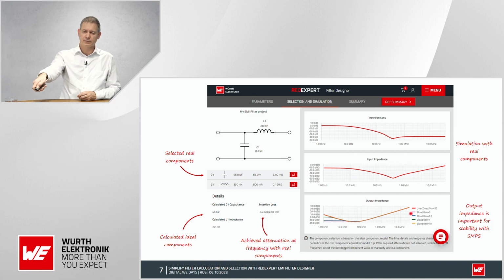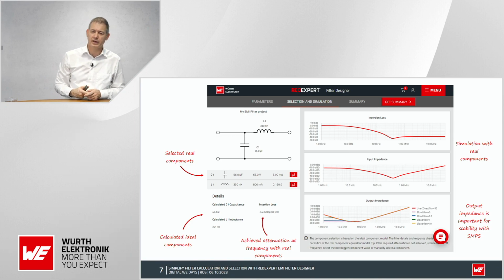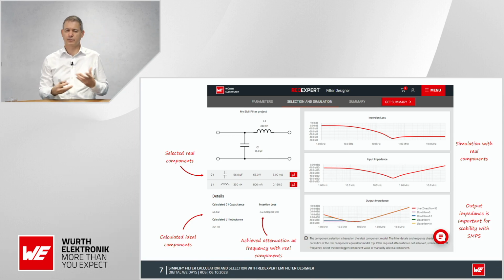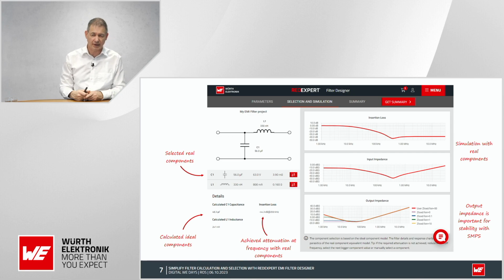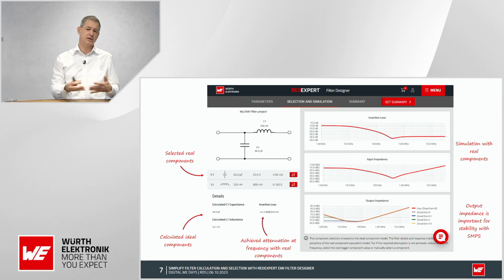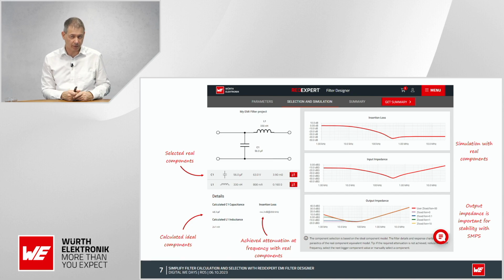The last diagram here is an important one, because here you can see the output impedance for the stability criteria. You see the output impedance of your filter, and you can compare it with the input impedance of your switch mode power supply. If you compare them and see that anything is too close together, then you can think about whether you have stability problems.